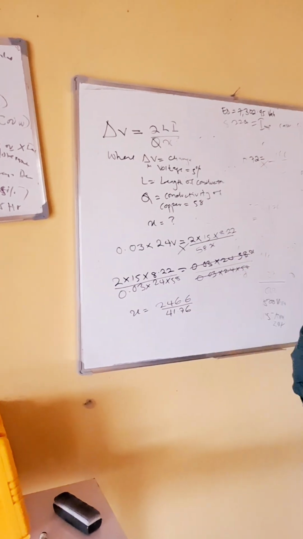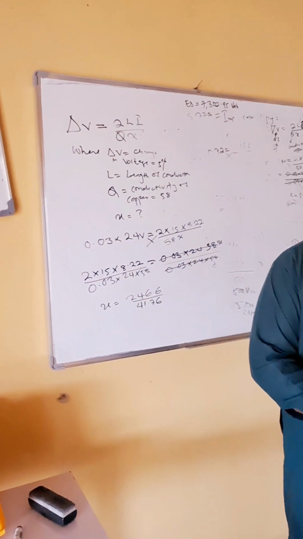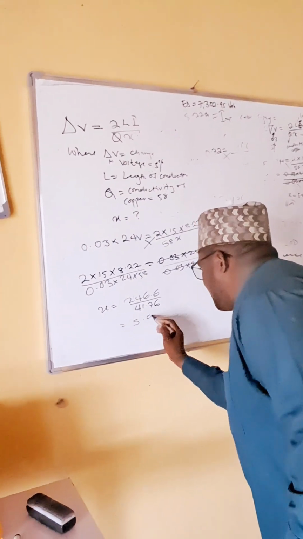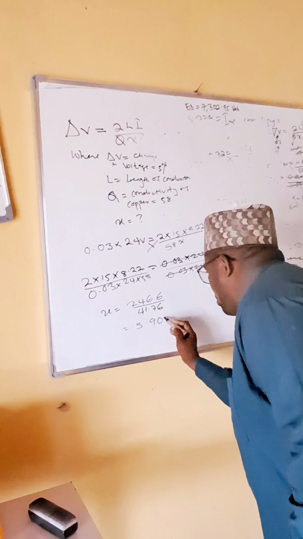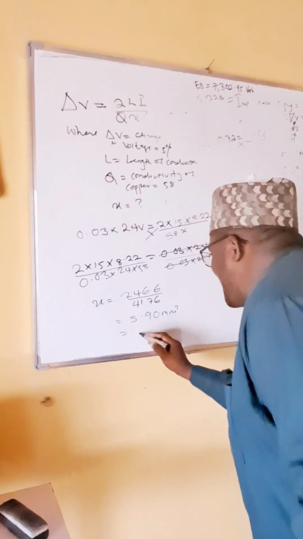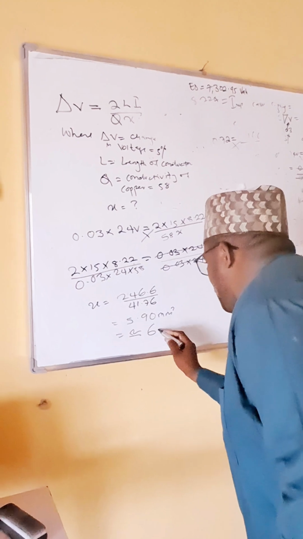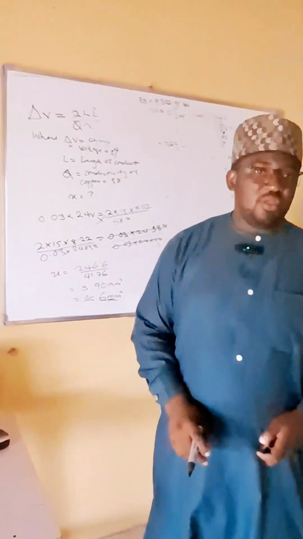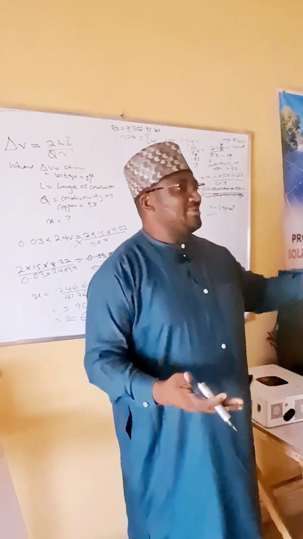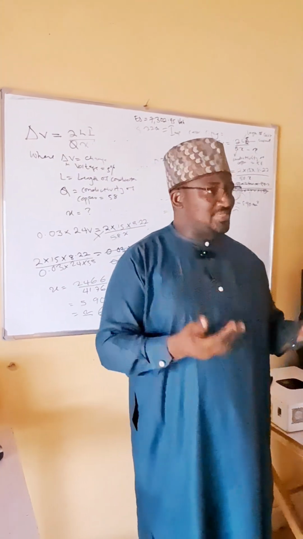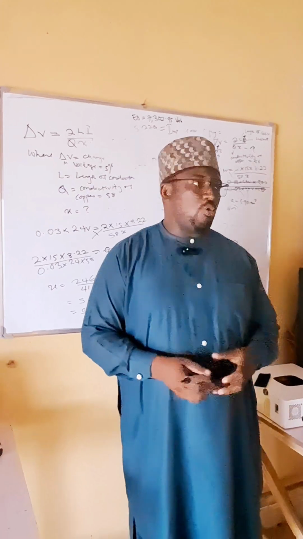So this divided by this, what do we have? We have 5.90 mm. Where we can say approximately we are going for a 6 mm square diameter cable, of length 15 meters. So this is how we size our cable.